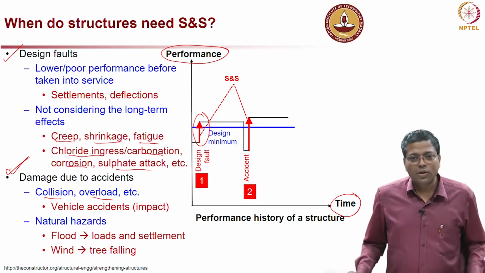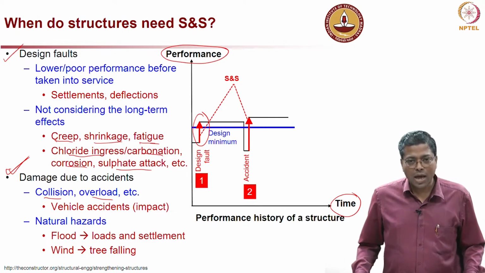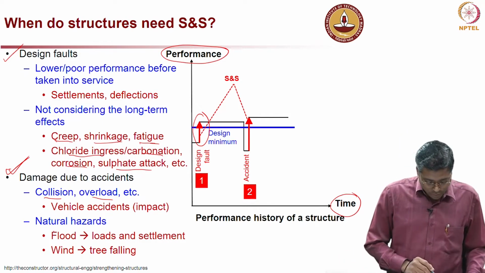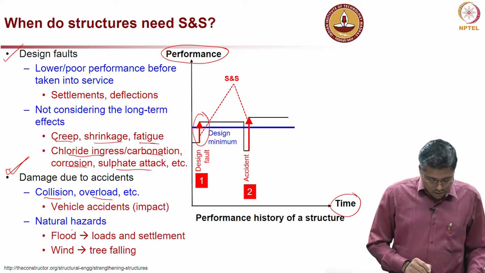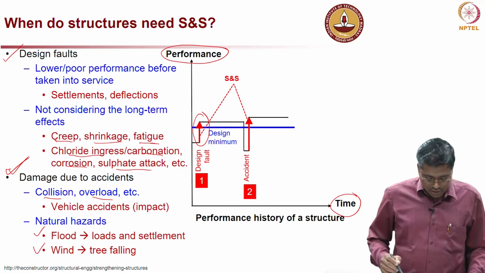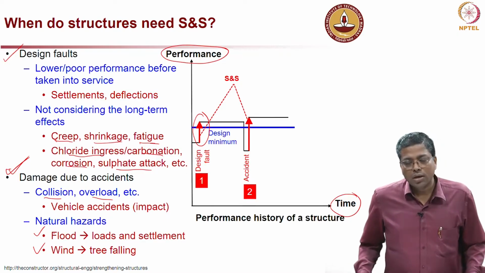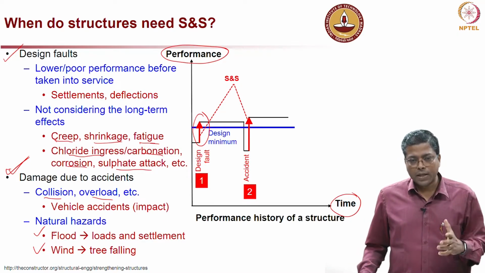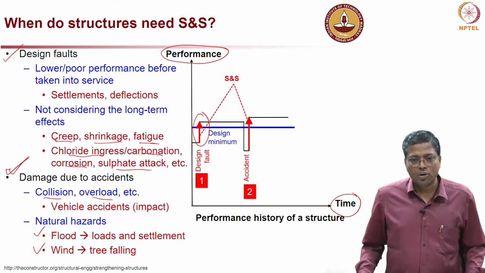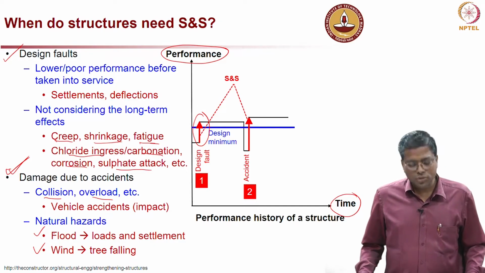Even though they are not expected, it happens in some cases. And then natural hazards, flood, wind, etc., can also lead to an impact load or additional load on the structure.